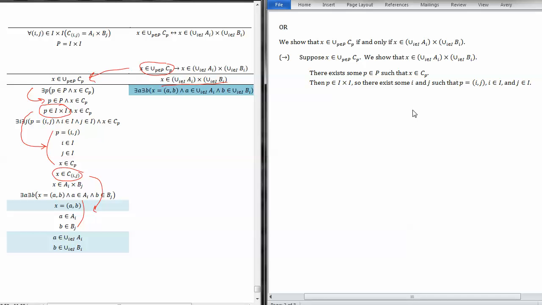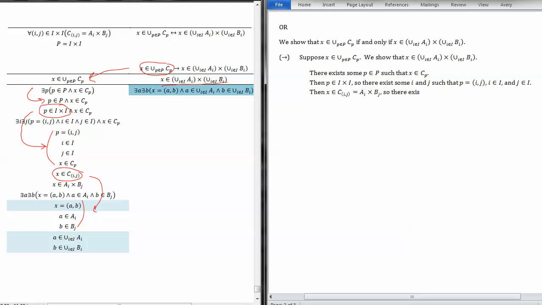And so we can say then, well, X is in C sub P and P is that, so excuse me, little p is ordered pair ij, so we have X is in C sub ij, which equals A sub I times B sub j.